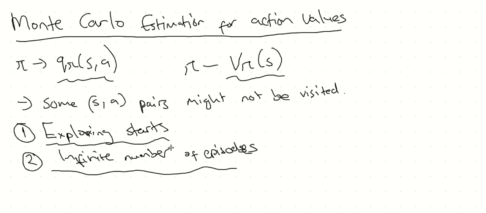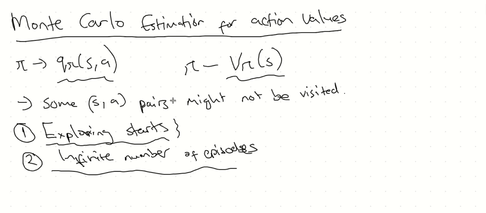It will become more clear when we're looking at the actual algorithm where we're using exploring starts. But to give you an idea, exploring starts just says that when we initialize our episodes using Monte Carlo, we should do it in a way that every state action pair is chosen.